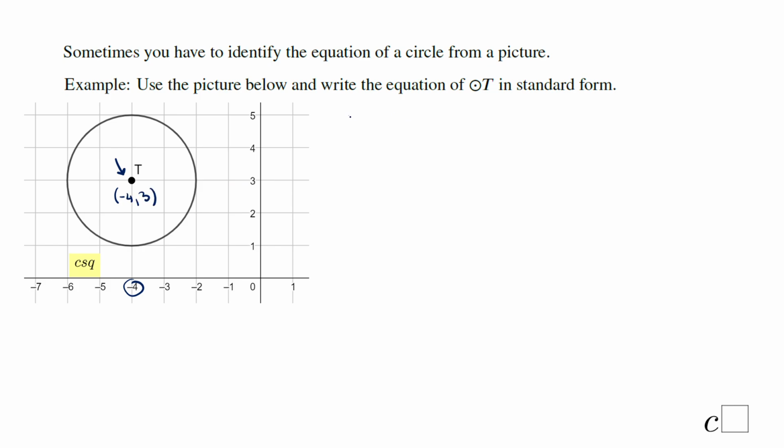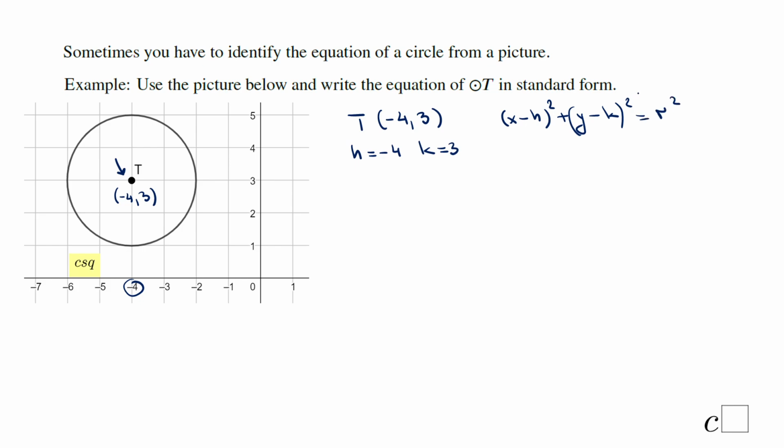Okay, I'm going to write it here. And what are these two numbers for us? Remember, this is the center. The negative 4 is the h, and the positive 3 is the k. So I'm going to write again the standard form of the equation of the circle: (x minus h) squared plus (y minus k) squared equals the radius squared.